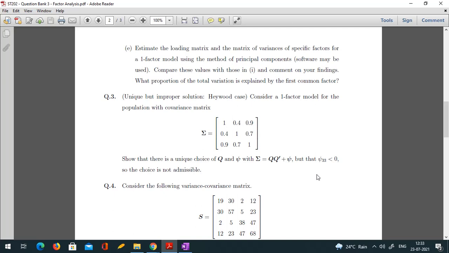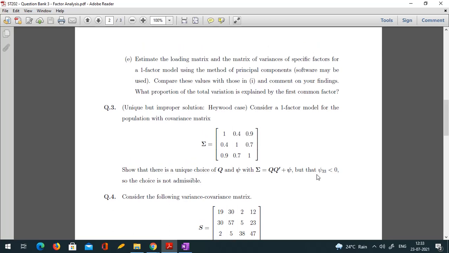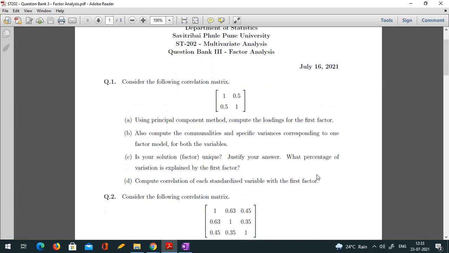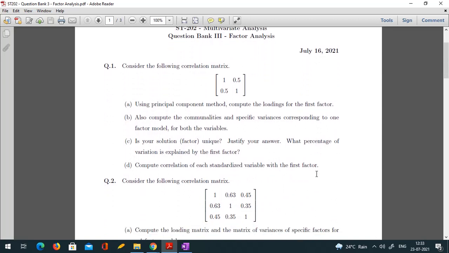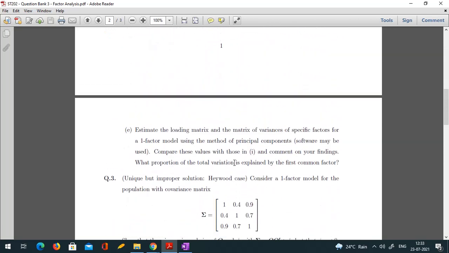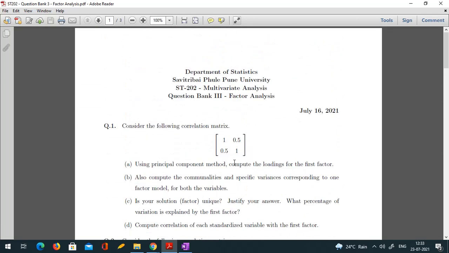Hello, madam. In the second or first example, our D will be the identity matrix, right? Yes, D will be the identity matrix because your variances are 1. Actually, I have given a correlation matrix so that calculations are easy.